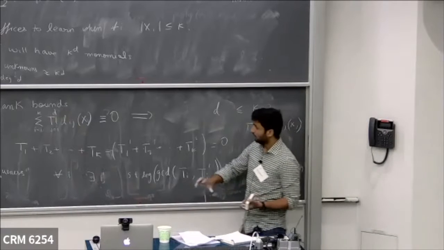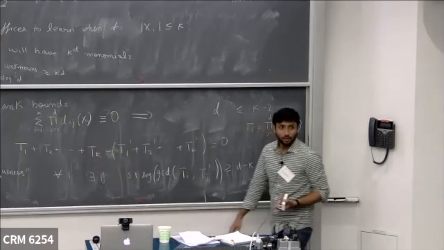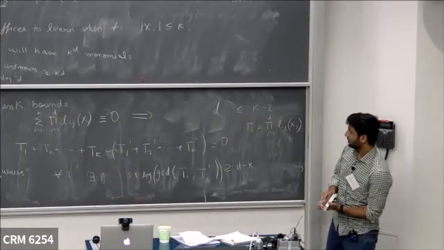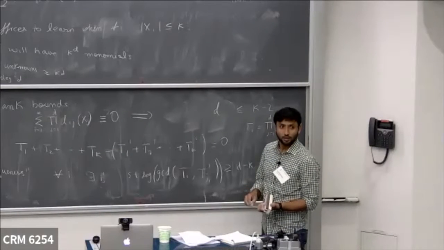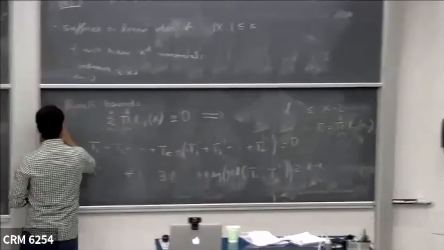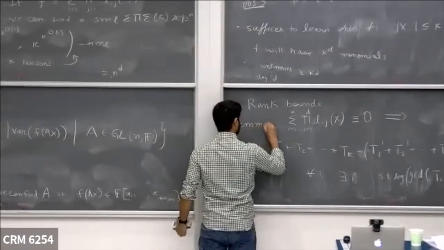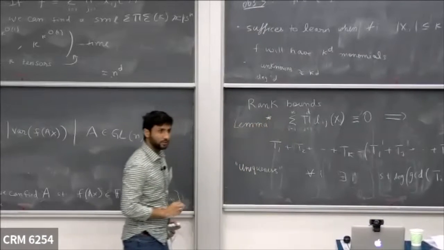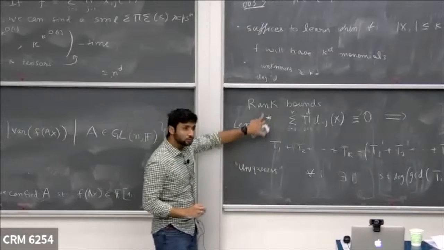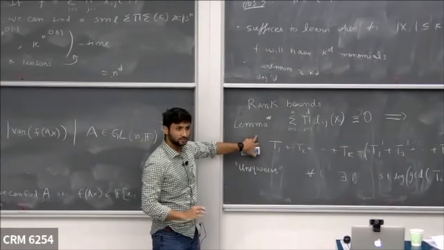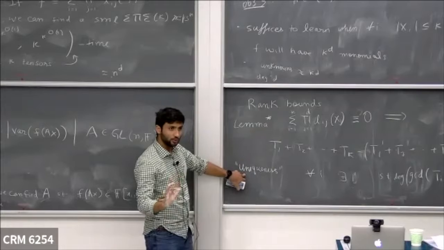Sure. But the first thing is basically a condition that d is smaller than k minus 1. This is an informal lemma, so I'm putting a star because I'm avoiding some conditions. And using this lemma, you can prove some kind of quote unquote uniqueness.